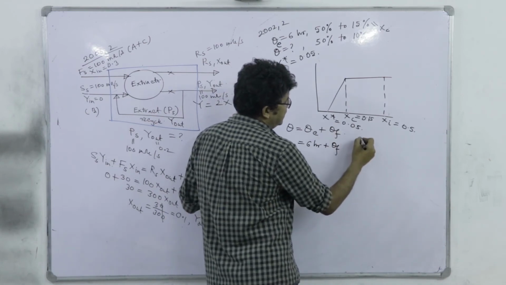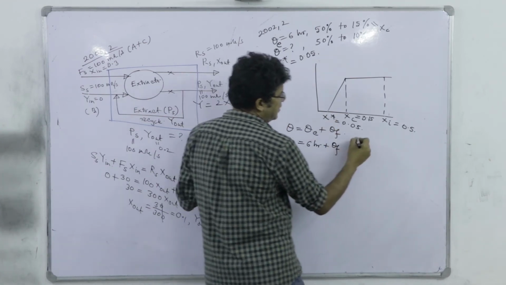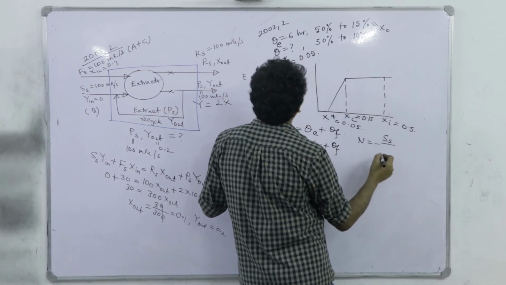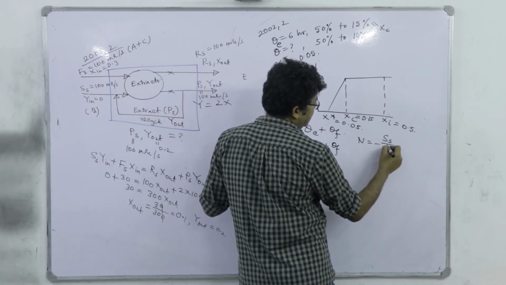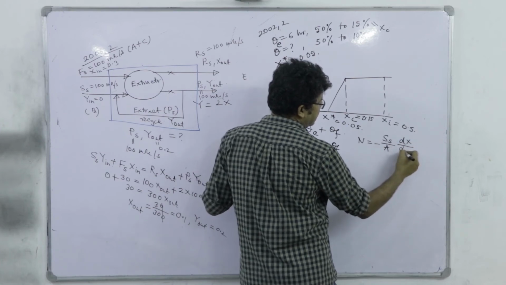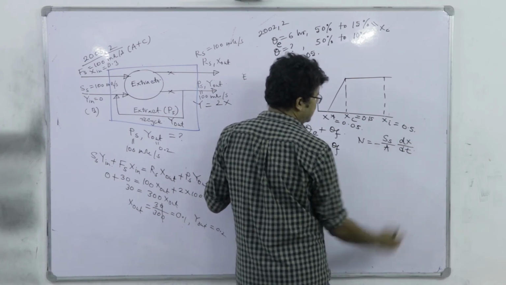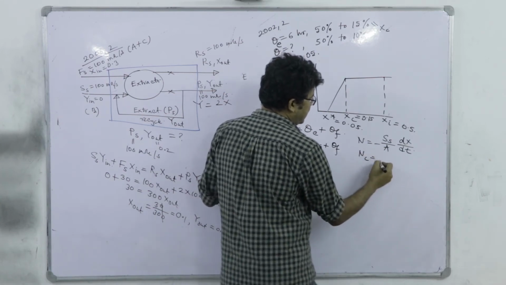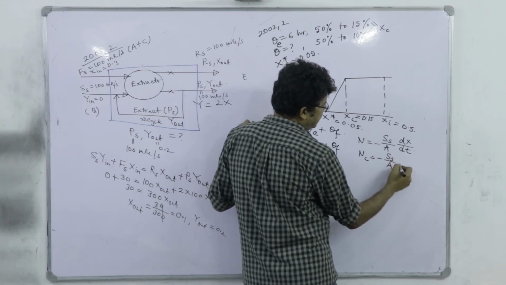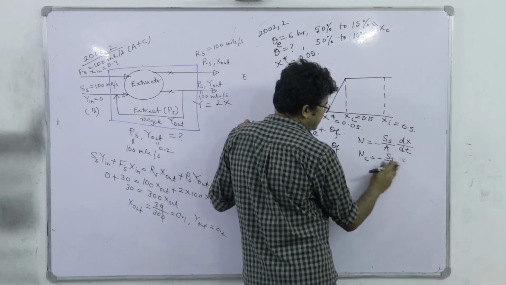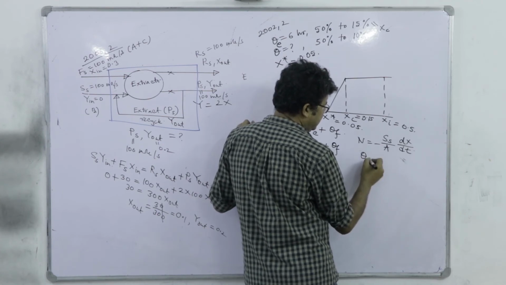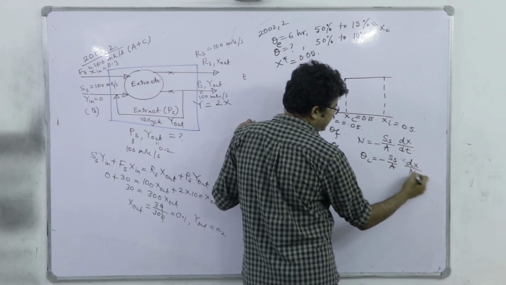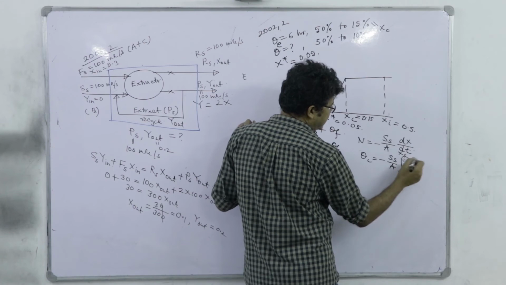So, I am writing the basic rate equation: N is equal to minus Ss by A into dX by dt. A is the area. Now, Nc, if it is a constant rate, we can write that theta c is equal to minus Ss by A times the integral of dX by Nc from Xi to Xc.